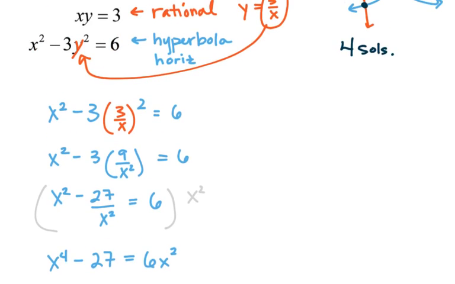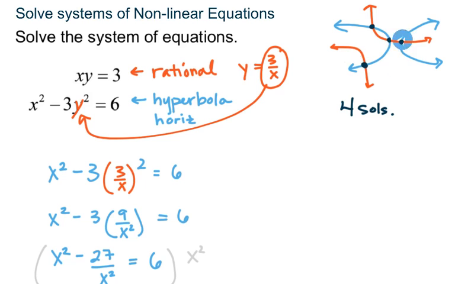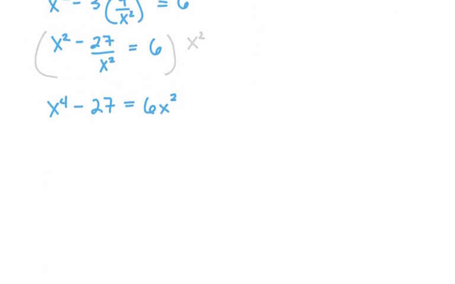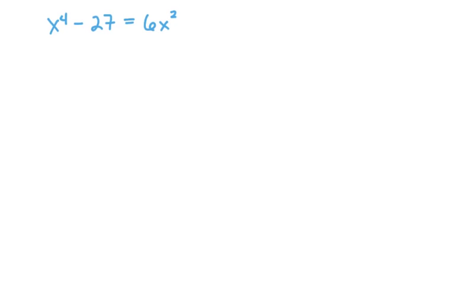So that aligns with what we were thinking about when I sketched this picture up here. So we're going to end up with 4 x's from this equation. So in order for me to do that, I'm going to put this into standard form. X to the 4th minus 6x squared minus 27 equals 0, or rather in descending order.